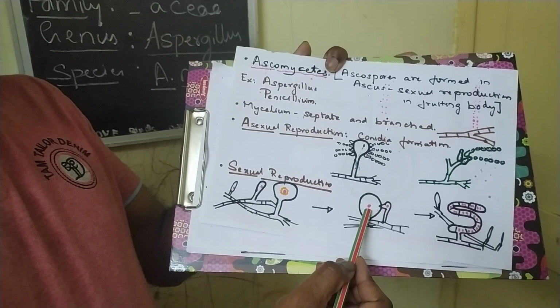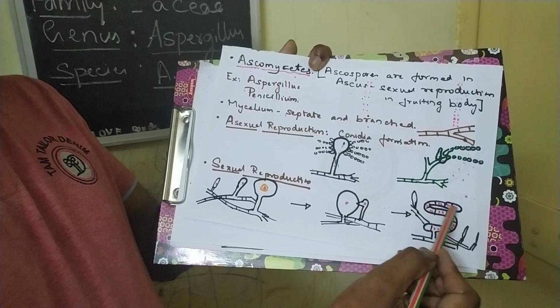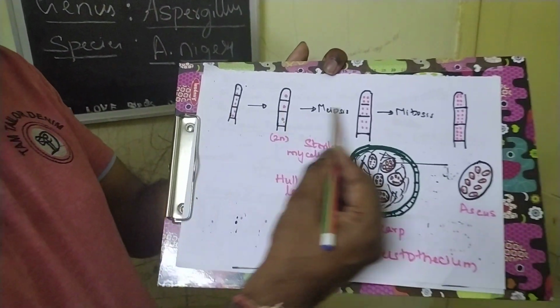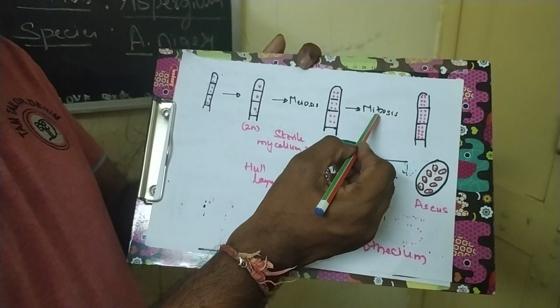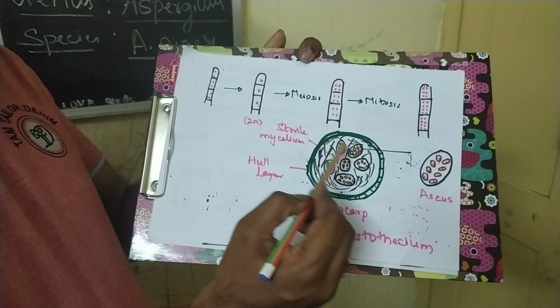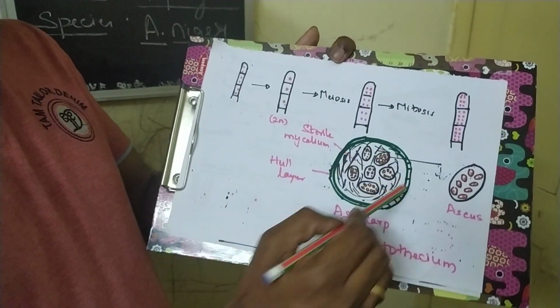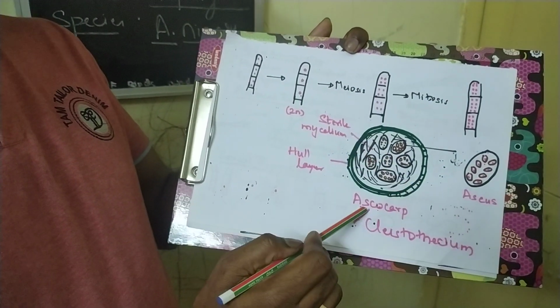One will come in contact with the ascogonium. Then there's formation of dikaryotization, where a hypha will have each cell with 2 nuclei. And all these concepts: plasmogamy, karyogamy, meiosis, then mitosis, ascus formation. In each we'll have 8 ascospores. Sorry, this is called a sexual fruiting body, called ascocarp.